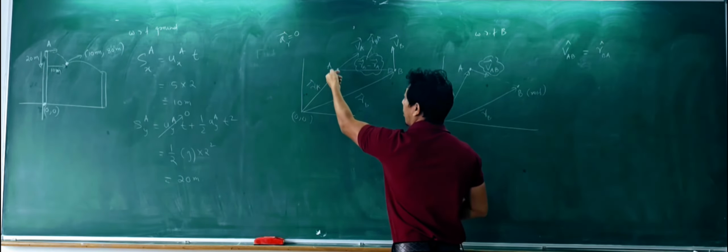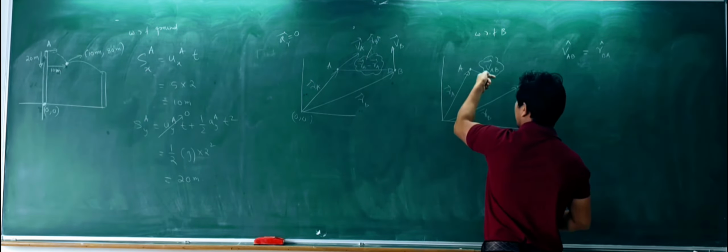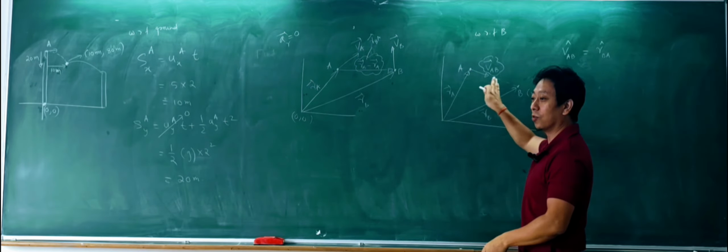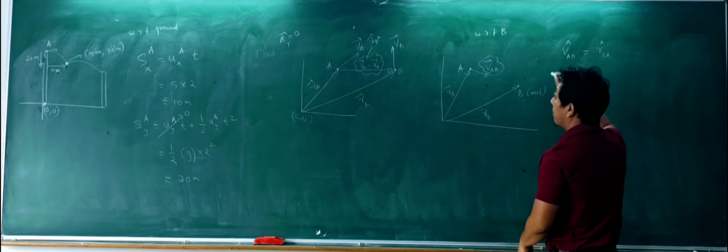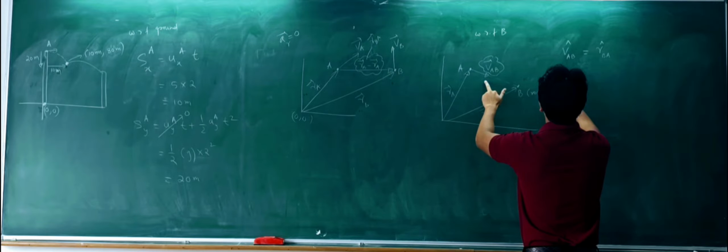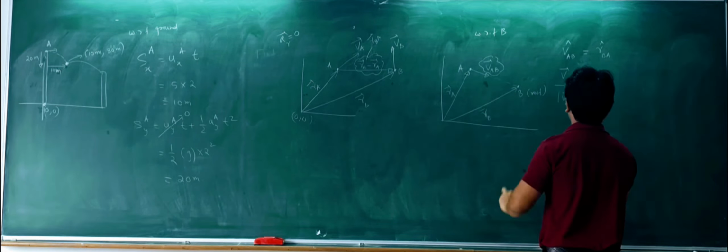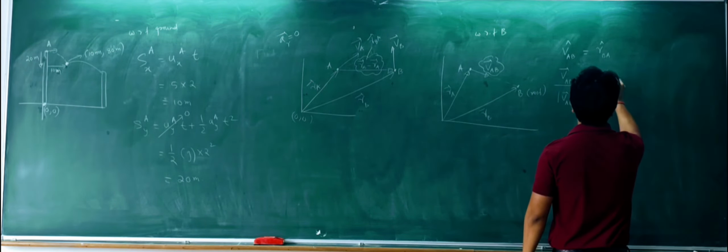So the unit vectors of this and this should match. Then only this one will come and collide. What is V_AB cap? V_AB vector by mod of V_AB vector. And what is R_BA cap? R_BA vector by mod of R_BA vector.